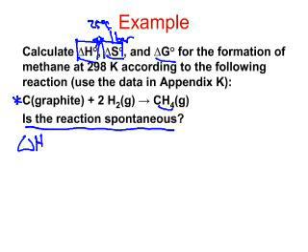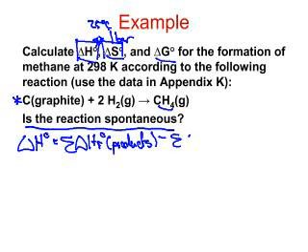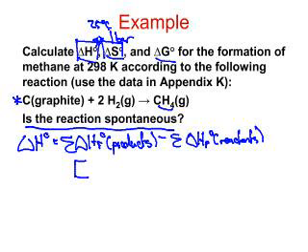To find delta H, the standard heat change for the reaction is going to be the sum of the heats of formation of the products minus the sum of the heats of formation of the reactants. If you look in Appendix K, for the product here, methane, the heat of formation of methane is negative 74.8 kilojoules per mole.